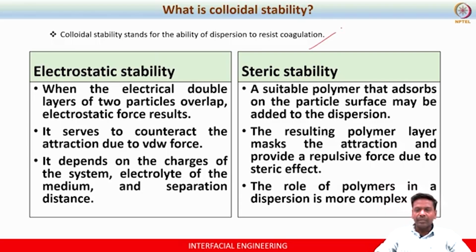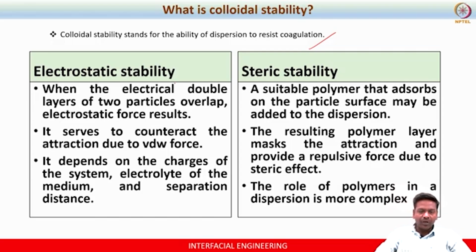This is because of the aggregation tendency driven by the van der Waals force of attraction. Whenever van der Waals force acts between particles, they will tend to aggregate. So we want to avoid such aggregation by means of some counteracting force.